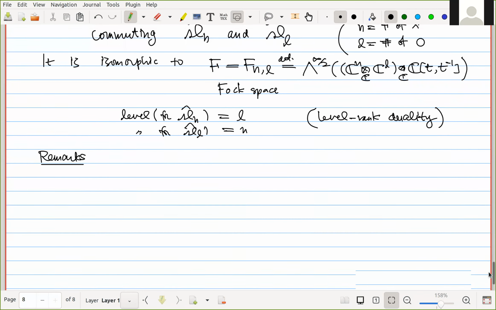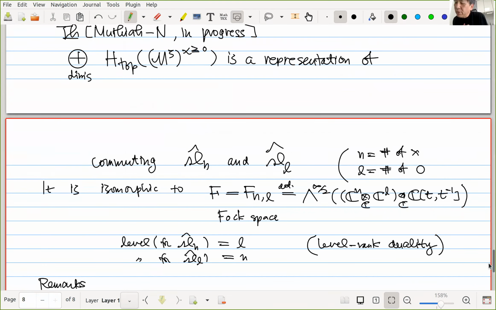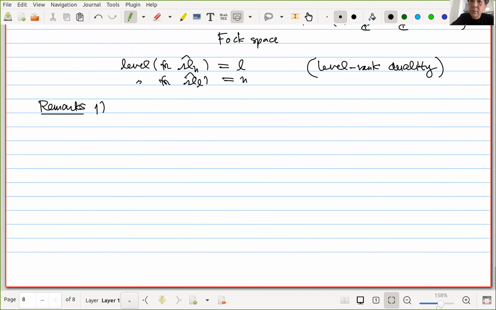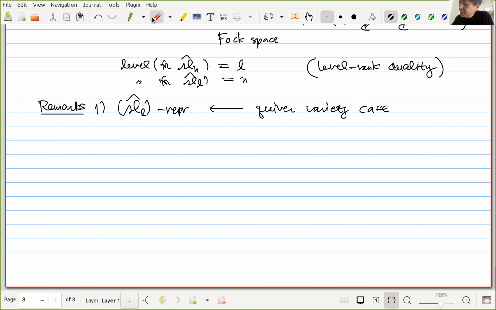So in summary, the homology group of this Bow variety realizes the level-rank duality. Some remarks. The first one: the affine SL_n representation is a modification of the quiver variety construction.